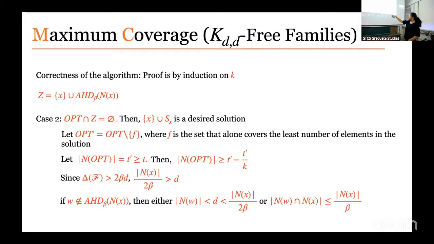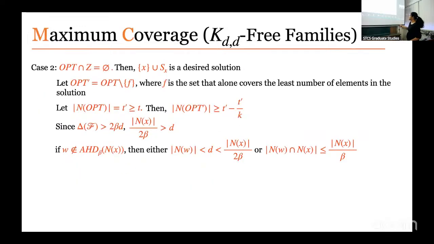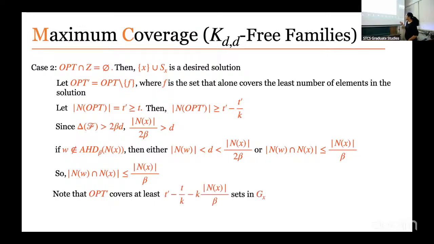Two cases: either its degree is small or its intersection is small, because two conditions were applicable. In both the cases, we know that it is less than or equal to neighborhood of x by beta. So opt prime covers at least this much in Gx. Overall, it covers t prime minus t by k, but it may have some intersection with the neighborhood of x, but that intersection is bounded. So in Gx, it covers at least this much.